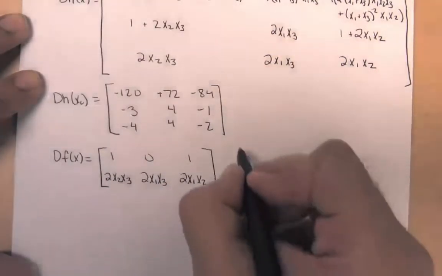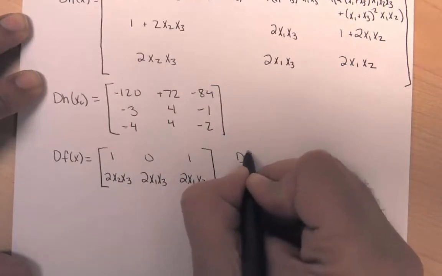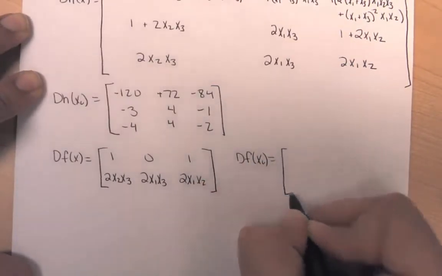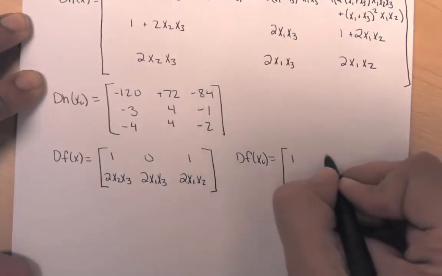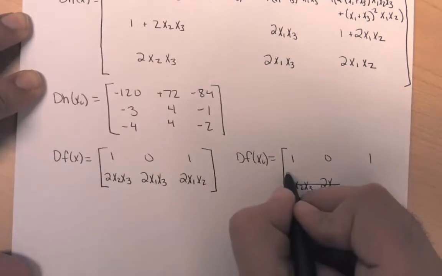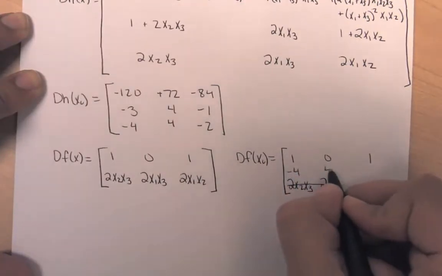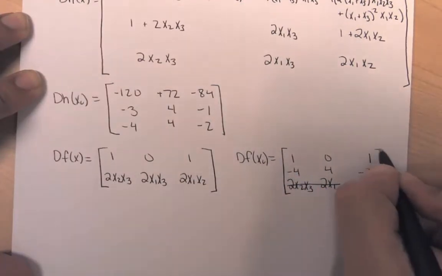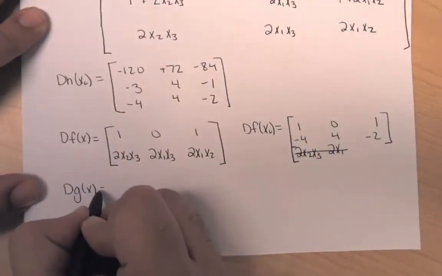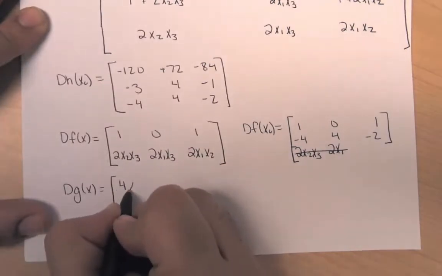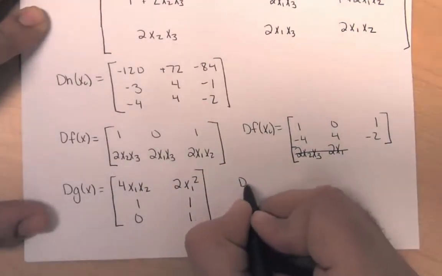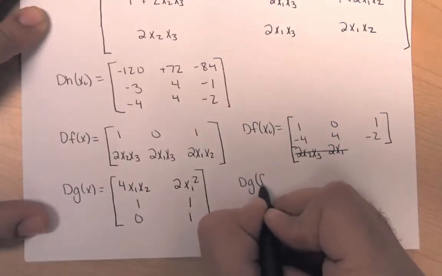So there's the derivative of f as a function of x, and here's the derivative of f at x naught. Plug in my values for x naught. Sorry, I'm supposed to plug in my values. That would be negative 4, 4, negative 2. Now let's take the derivative of g. And let's compute the derivative of g at f of x naught.